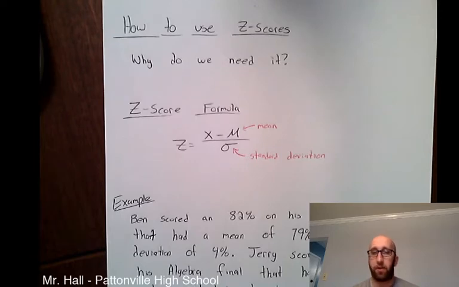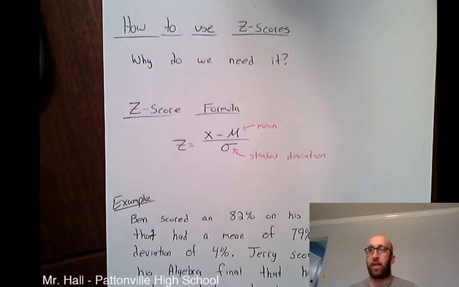The only difference is the empirical rule is a little bit outdated. The reason for that is the empirical rule can only help you out if you fall exactly at 1, 2, or 3 standard deviations above or below the mean. If you do that, great, the empirical rule will work.